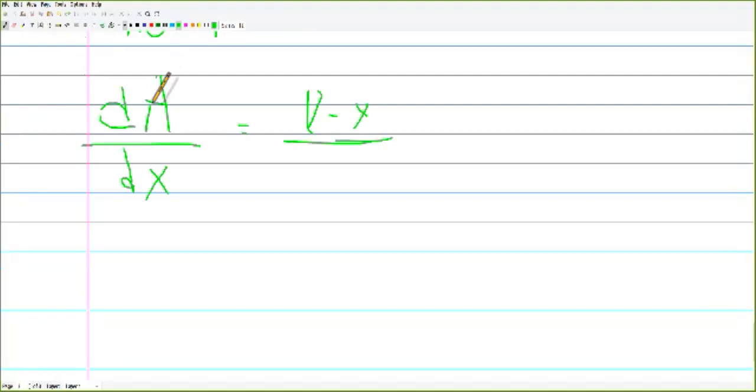So the derivative of A in relation to x is the derivative of L minus x divided by 4, okay, everything squared, plus we had x pi times 2 pi times x over 2 pi, okay, everything squared.